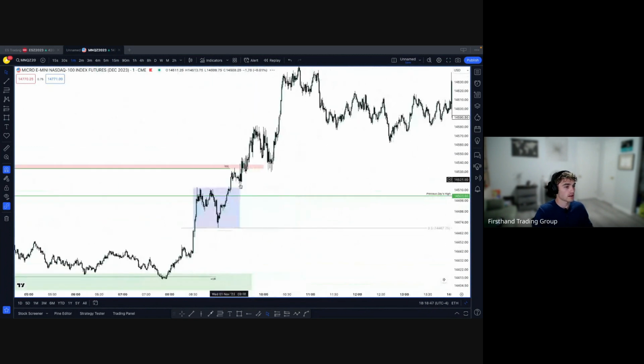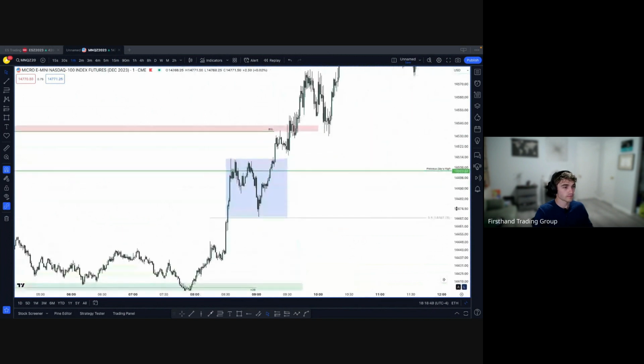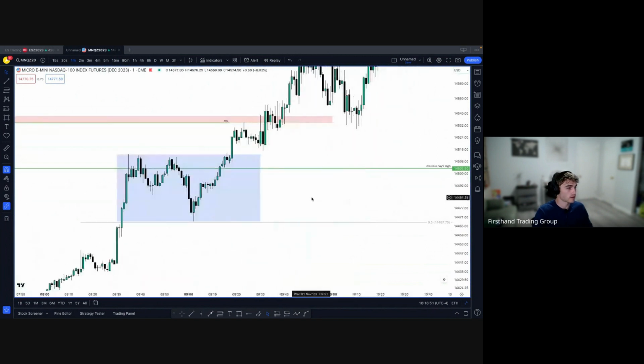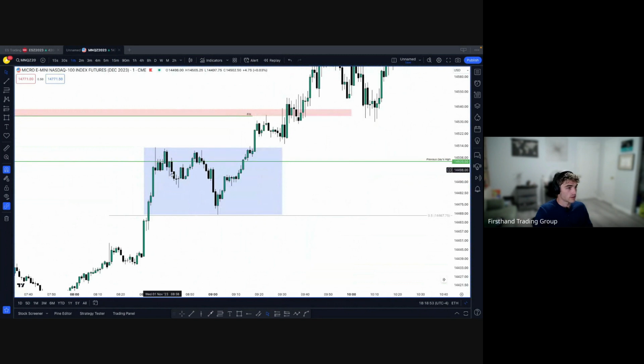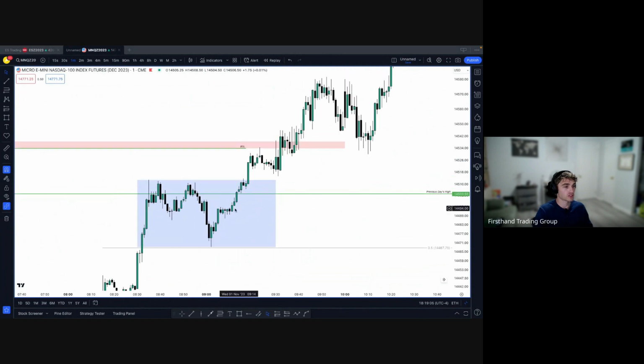If we look right into here, you can see the same thing occurring. Right? So we have that accumulation, manipulation as price drops below the accumulation here, and then distribution, working back up higher through that accumulation and moving up toward my targets up here.